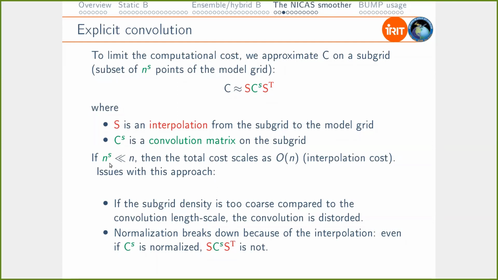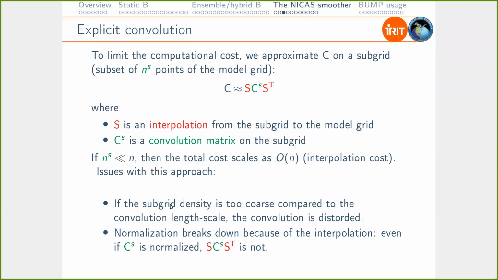So it's a lot cheaper. If NS is a lot smaller than the model grid n, then the total cost scales as n, the model grid size. But we have some issues with this approach, because if the subgrid density is too coarse compared to the convolution length scale, then it will distort the convolution.